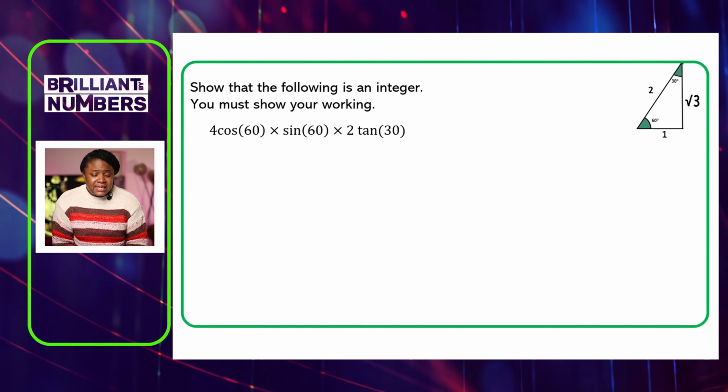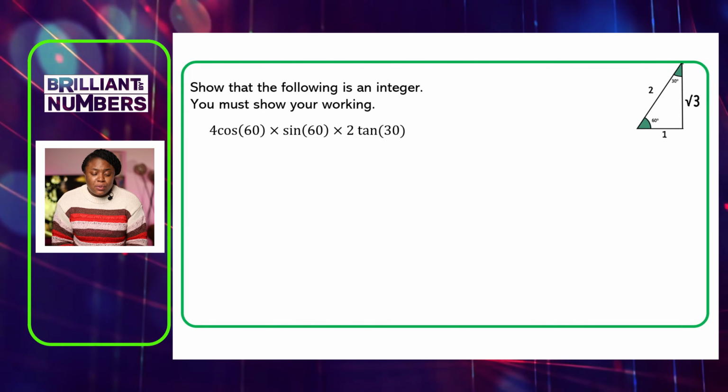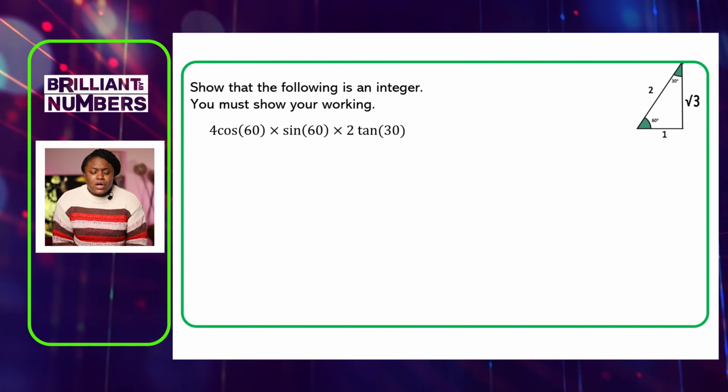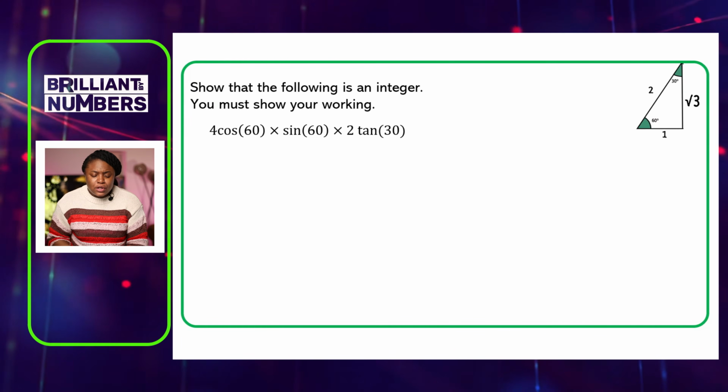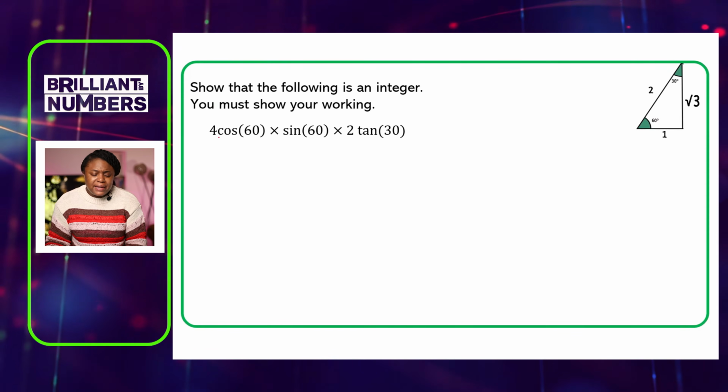Absolutely brilliant. So in this question, we're asked to show that the following is an integer, and you must show your working. So we have 4 cos 60 times sine 60 times 2 tan 30. What we need to do is write down the values.